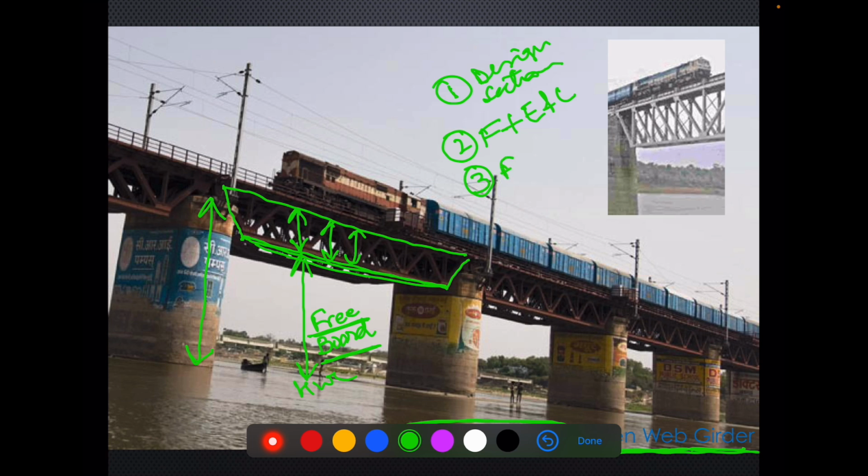So because of all these reasons, the underslung type girders are no more in practice, only where they have already been provided from a replacement point of view or maintenance point of view. Railway systems are keeping them.